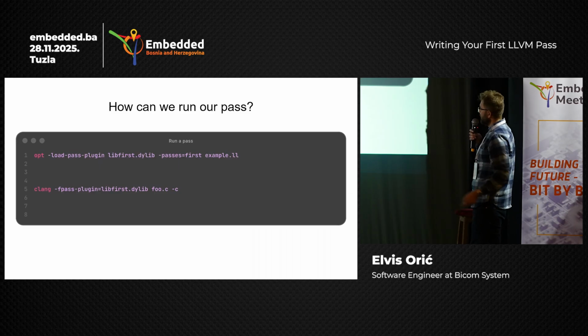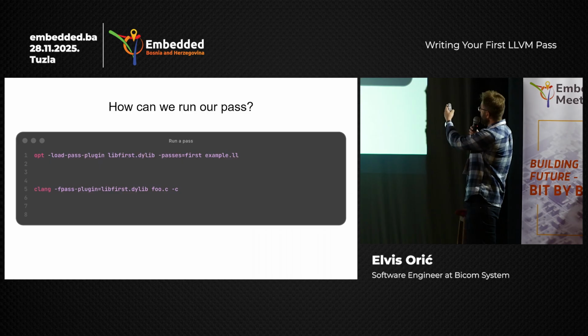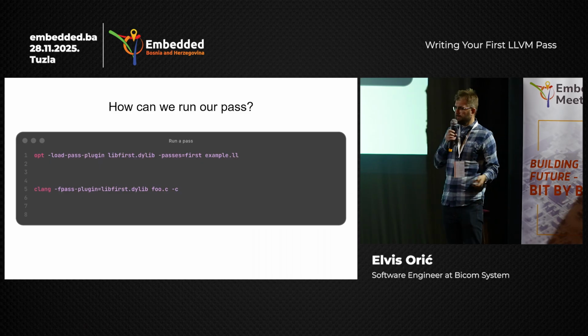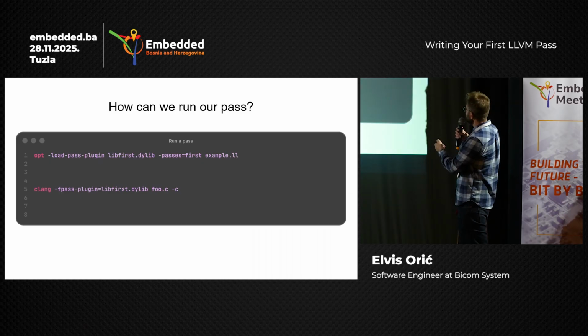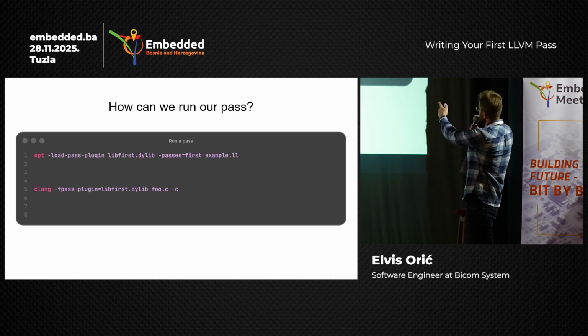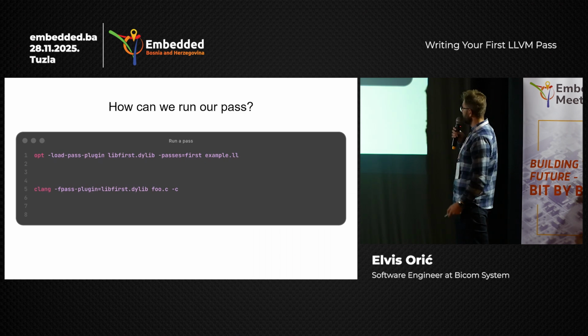So if we wrote this plugin, for example, and our pass name is first, we will run it with opt like this. When we compile our code, we can actually dump this LLVM IR, and the extension is .ll.